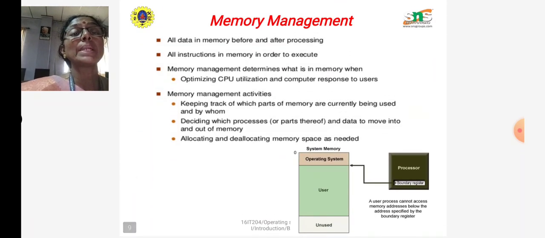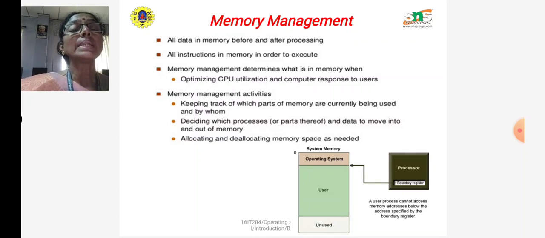Next is memory management. In terms of memory management, it has three main activities. First, keeping track of which parts of memory are currently being used and by whom. This information should be provided by the operating system. Next is deciding which processes and data to move in and out of memory.